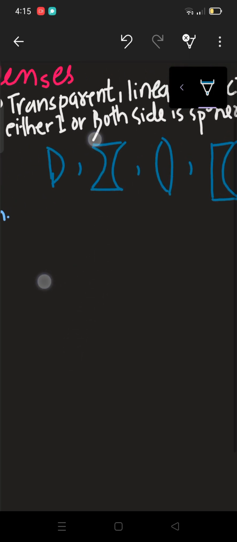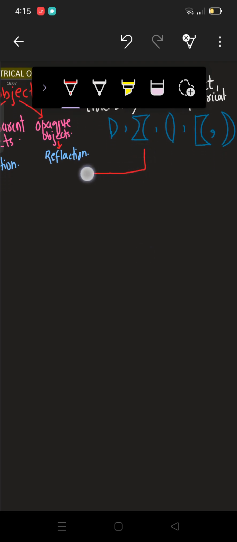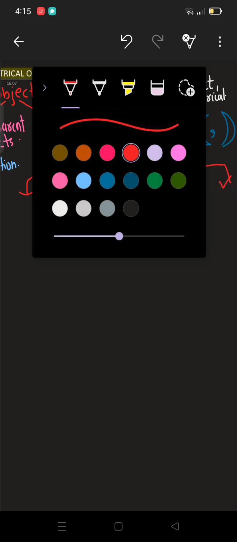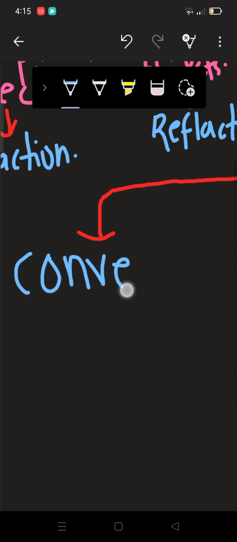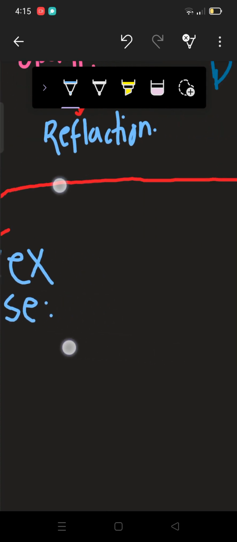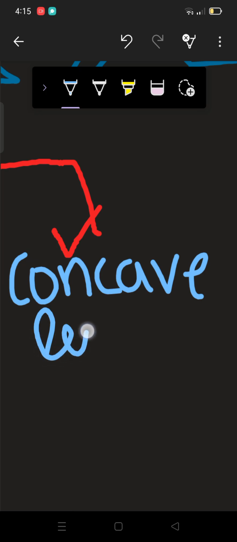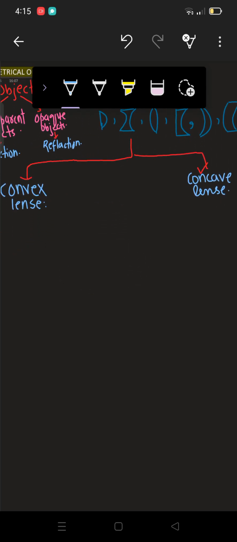So we have two types, convex and concave.